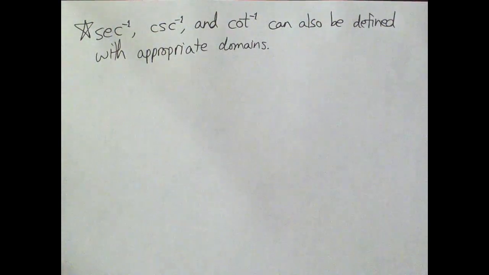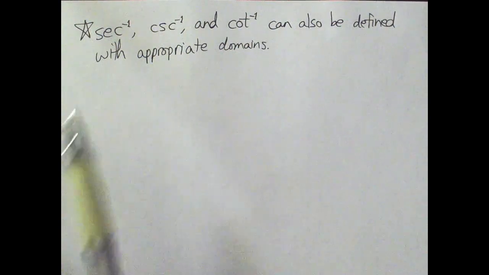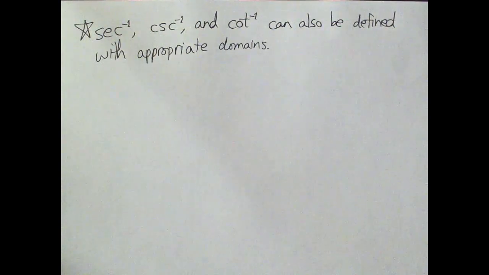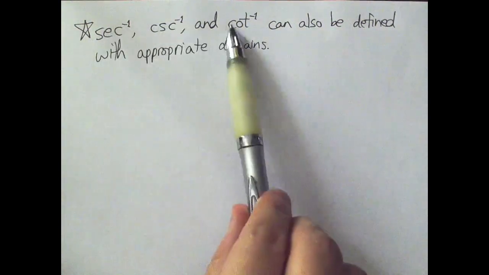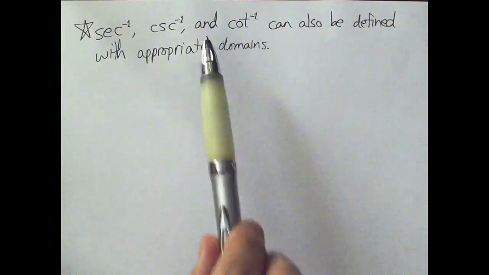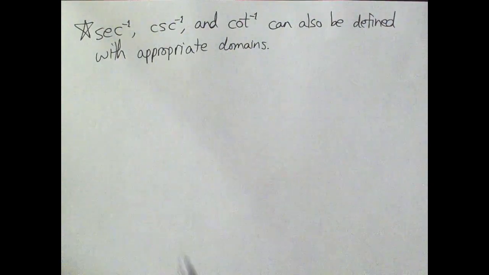In terms of usefulness, sine and cosine are the most common trig functions. Tangent is the next most common, and those three we sometimes want inverse versions of. But as for these three, I don't think inverse versions of these hardly ever come up in math. So that's all I have to say about those.